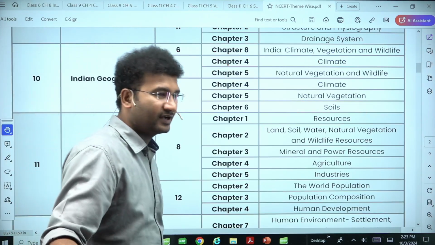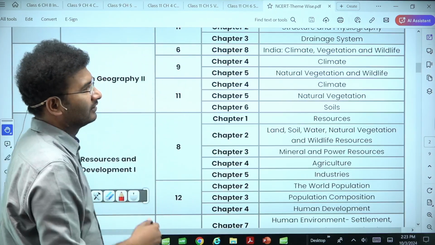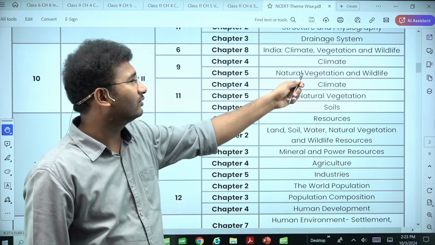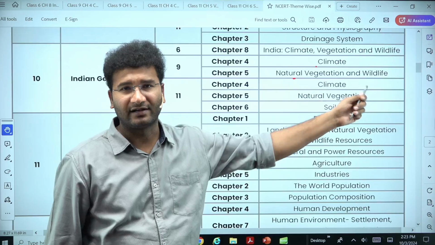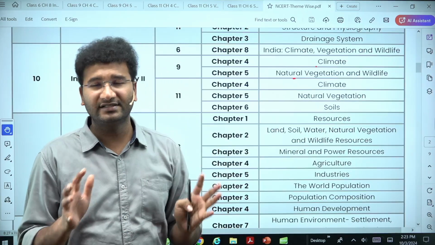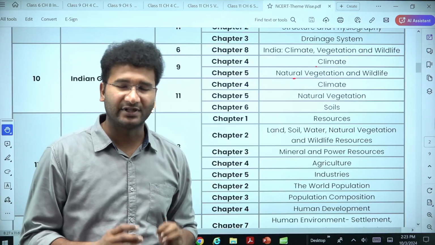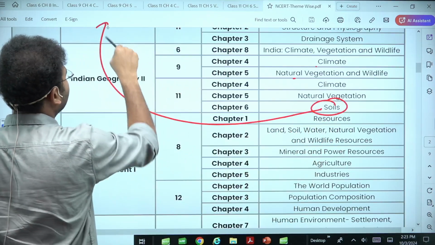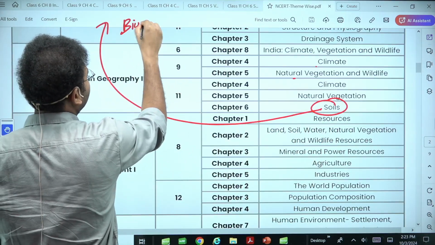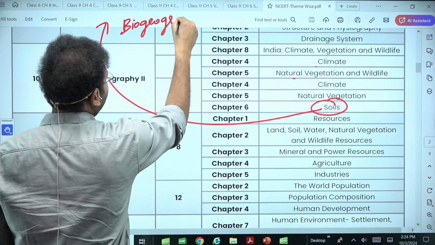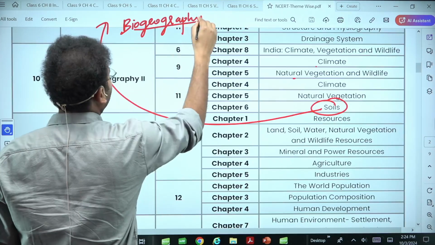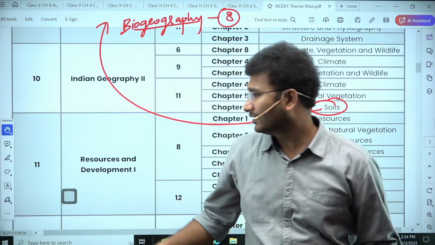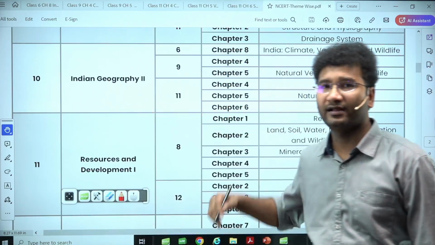These are the two aspects we shall be focusing on. Number 1, India's climate and vegetation. Number 2, climate, natural vegetation and wildlife. In totality, these are the areas we shall be focusing on in today's class. Soils chapter, I am repeating again, is covered in biogeography, theme number 8, in detail along with the wildlife and other aspects.